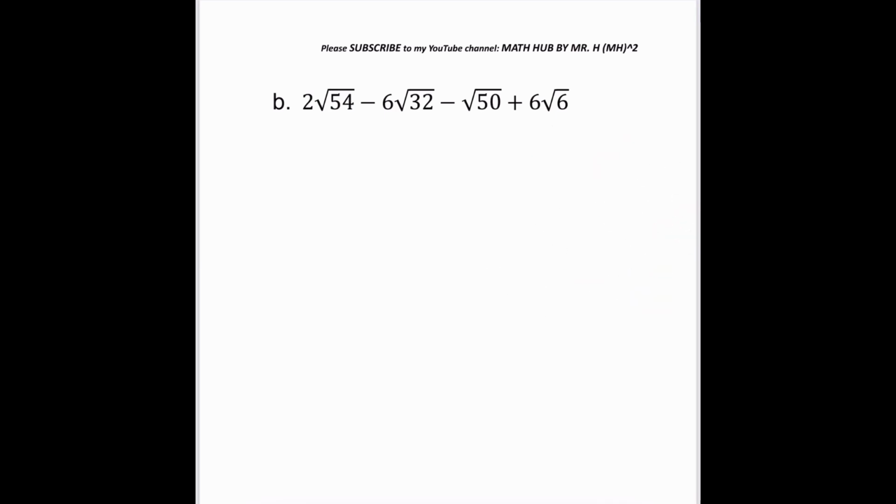We can simplify each term first. Let's begin with the 2 square root of 54. When we apply the product property of roots, we have to think of the largest perfect square factor of 54, the radicand.